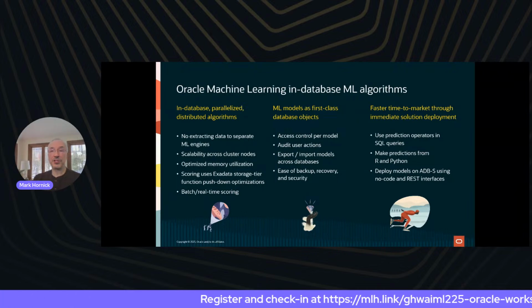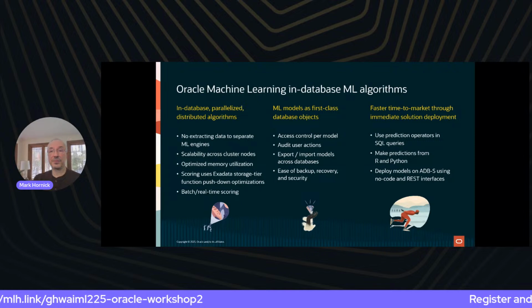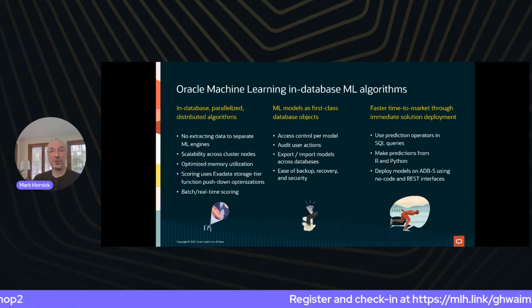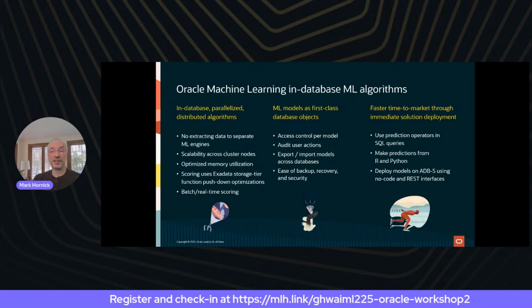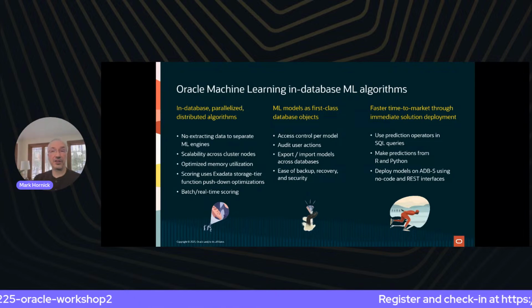Now, in-database machine learning models are also first-class objects in the database. And that means that, like database tables, you can control access by granting and revoking permissions, auditing user actions, and exporting and importing models across databases. Once you build a model, it's immediately accessible through SQL queries. And as a database object, models are part of database backup, recovery, and security.